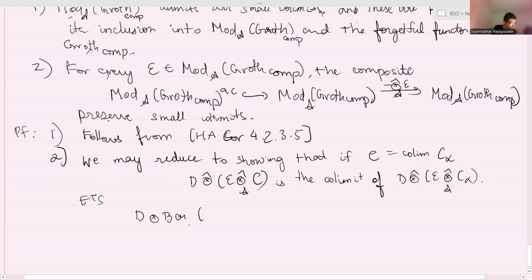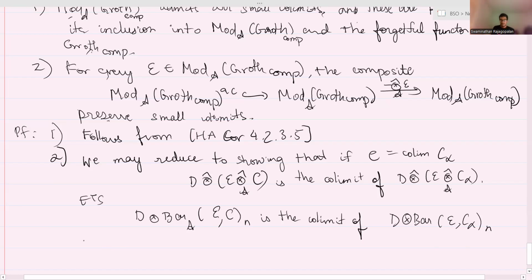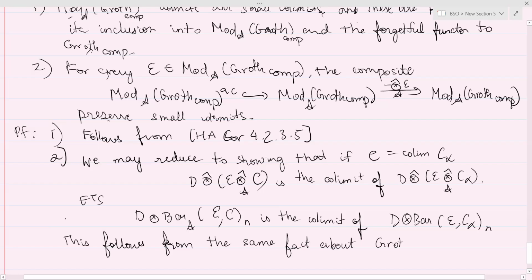So we want to show that the tensor with this is the colimit of the tensor with, right, and this follows from the same fact about, namely that it admits colimits and then taking the tensor product with any object in Groth preserves these colimits.